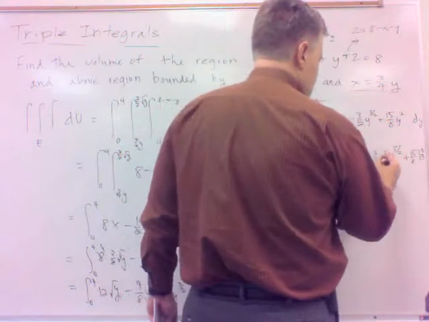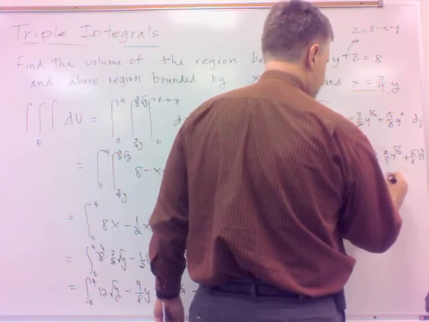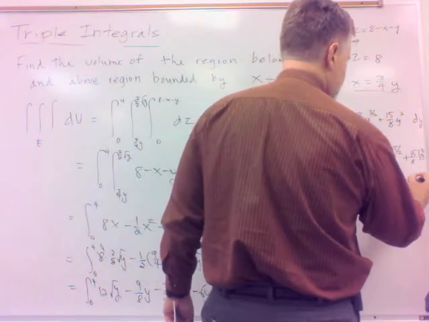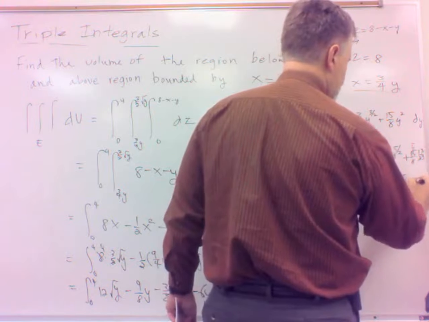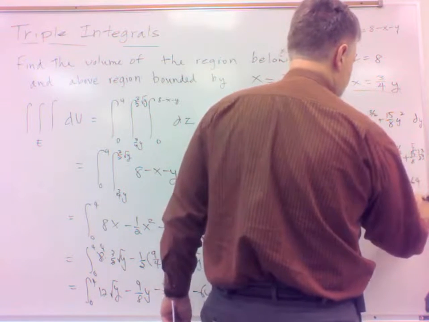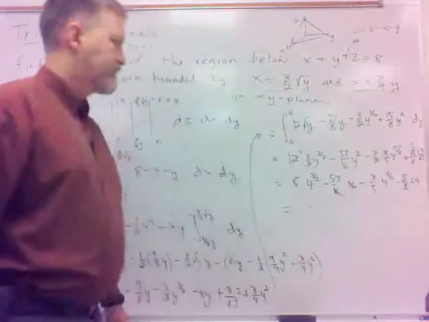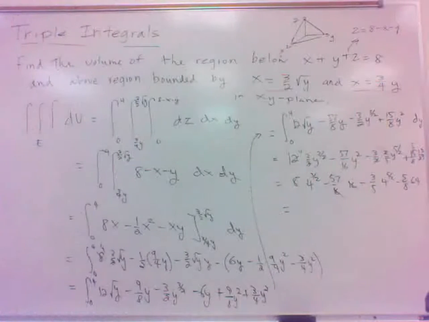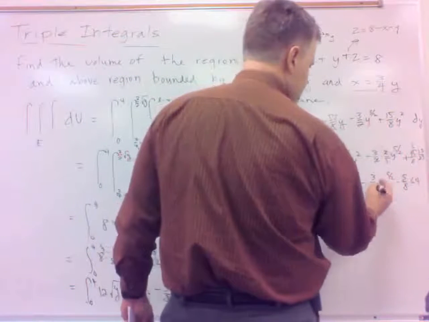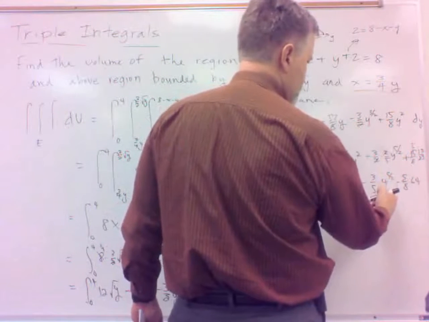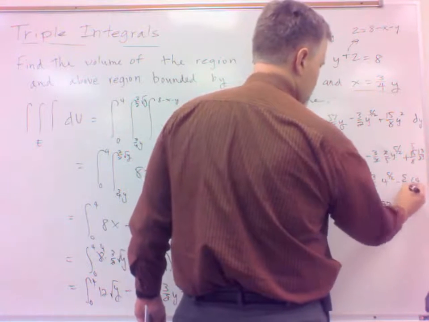And then minus 3/5, 4 to the 5/2. And then minus 5/8 times 4 cubed is 64. This is 64? 64 minus 57 minus 3/5 times 32. And that would be 40. Yep.